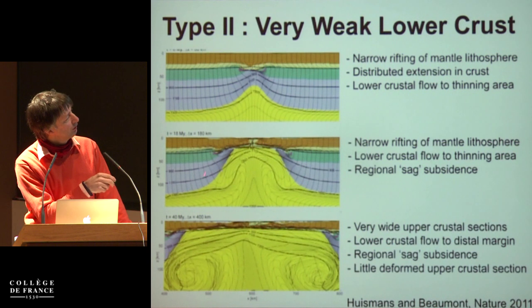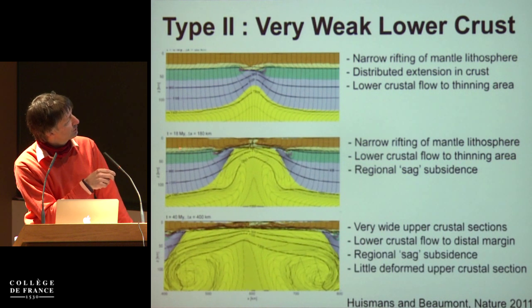At this stage, the lower lithosphere is completely ruptured, and we're almost exposing the asthenosphere to the base of the crust. And one interesting feature is that the crust is now so weak that it's flowing towards the distal margin.